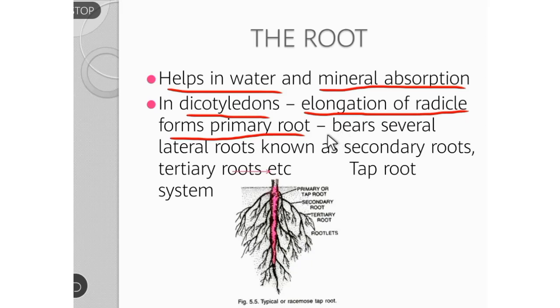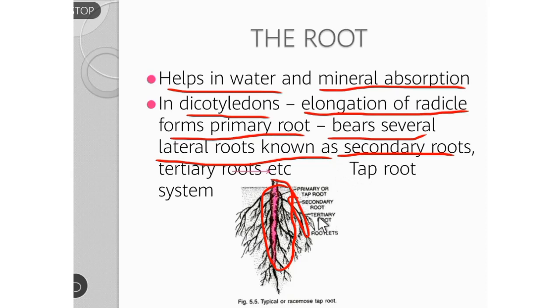So the primary root, if you see in this picture, this elongated portion, this purple colored thing, is the primary root, which bears several lateral roots known as secondary roots. This portion here is the secondary root.